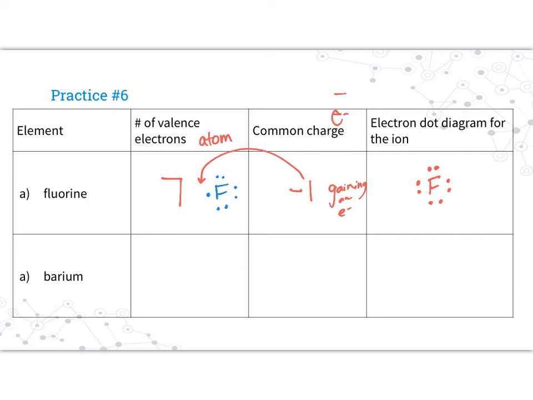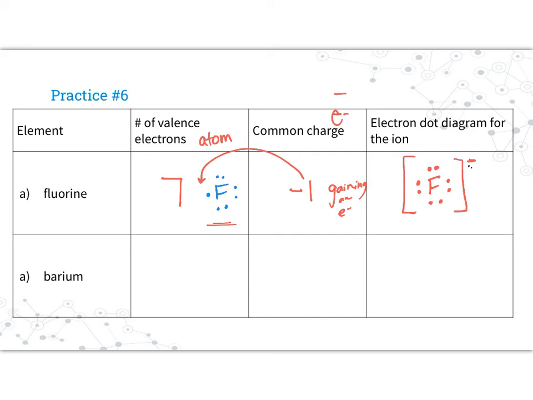Now, we don't have to draw that electron as being any different. I could not tell you which electron it was that made fluorine become an ion. However, I do want to note that I didn't make a mistake in just drawing fluorine, that I meant to draw this because fluorine is an ion. So when I draw an ion, I have to include square brackets around it with a charge. So its charge is -1, and that tells me that there's an extra electron somewhere in this diagram.